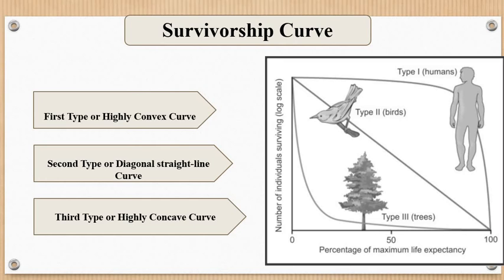It includes a low mortality rate in the young as well as in the adult. And all individuals born at the same time show a similar physiological lifespan and all die at about the same time.